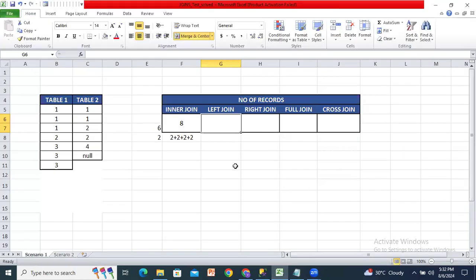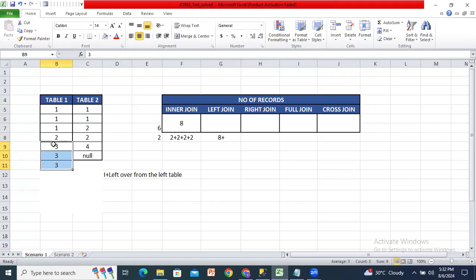First the inner join, which we already know is 8 records. Ones and twos are already covered, so the threes are not covered in table 2.